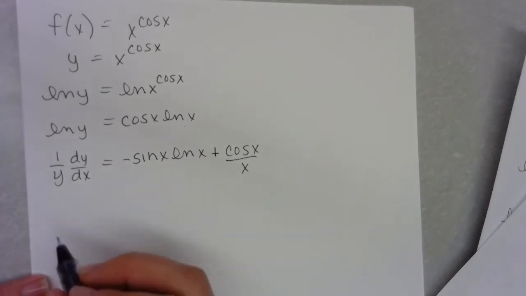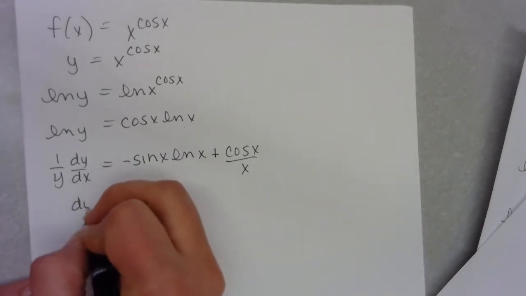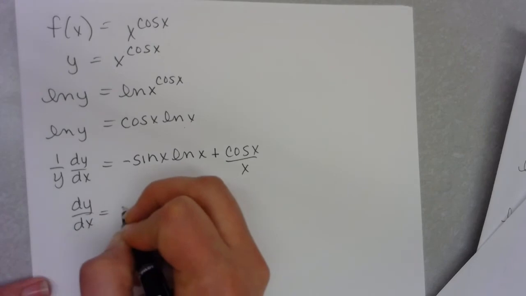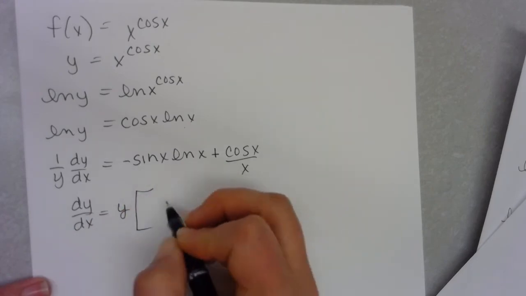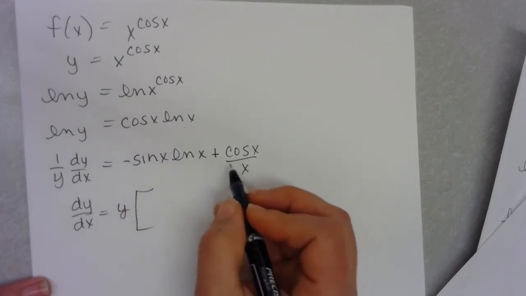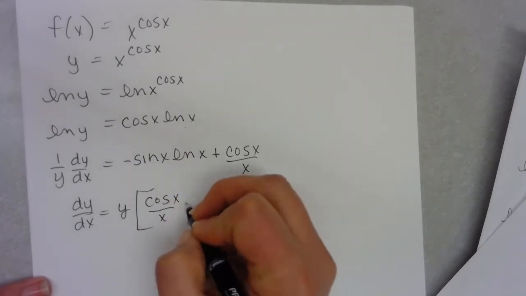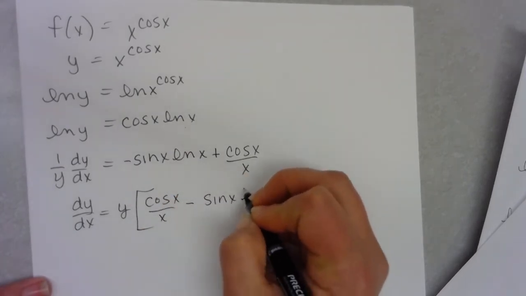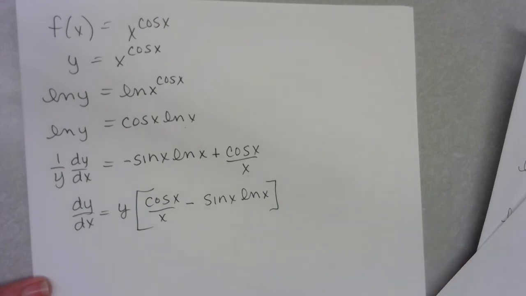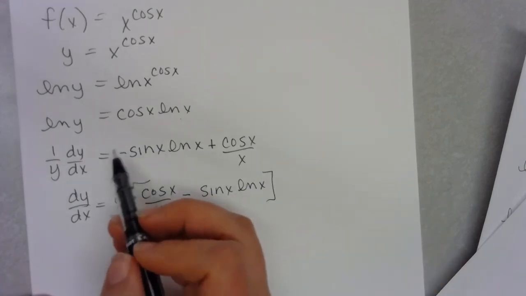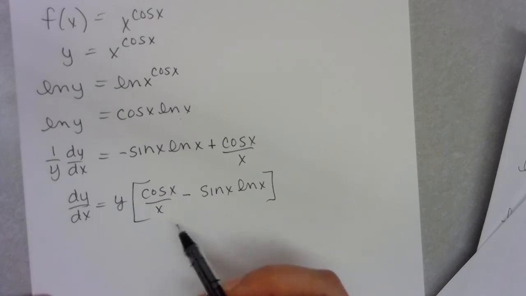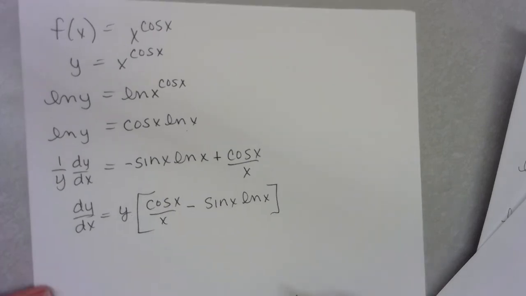So I'll just write it like this. All right, so now I need to multiply across my y. So my dy dx equals y times, I don't like leading with a negative sign, so I'm just going to write them in a backward order. So this is then minus sine of x, ln x. The order really doesn't matter. It's just I tend to lose my minus signs if they're in the front, so this is my accommodation.